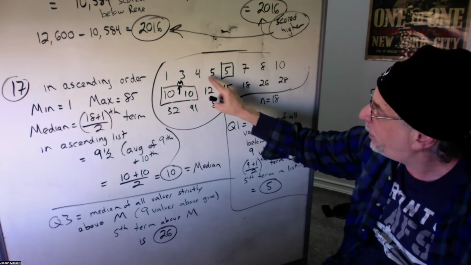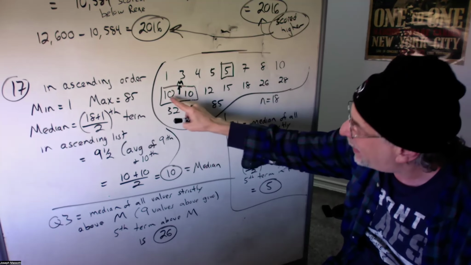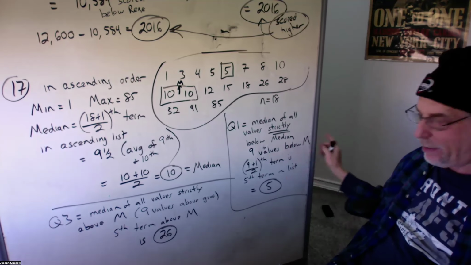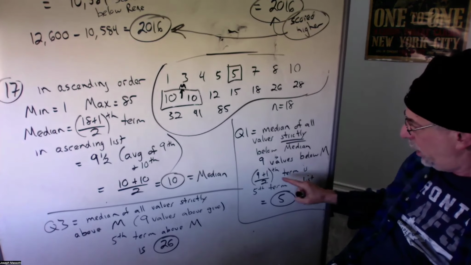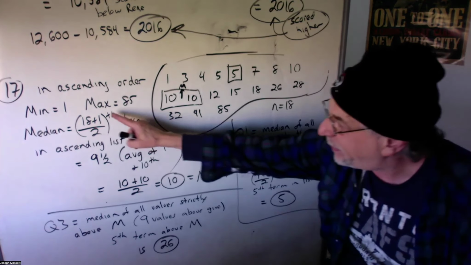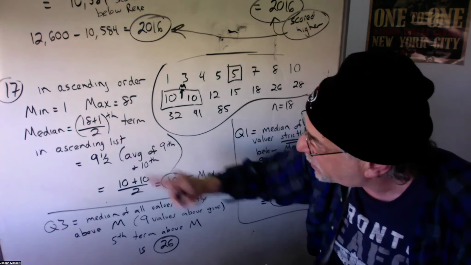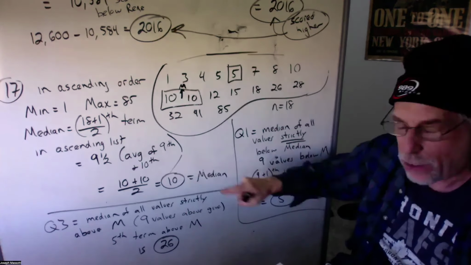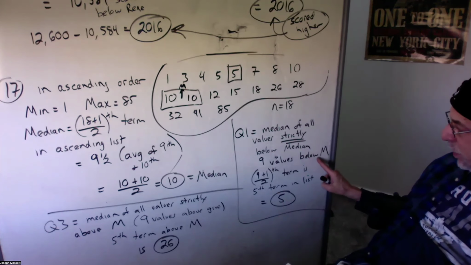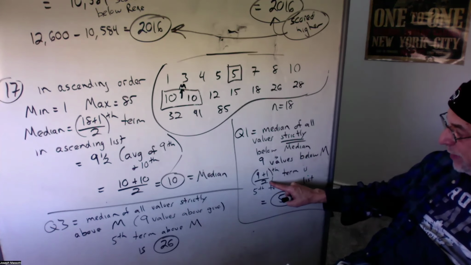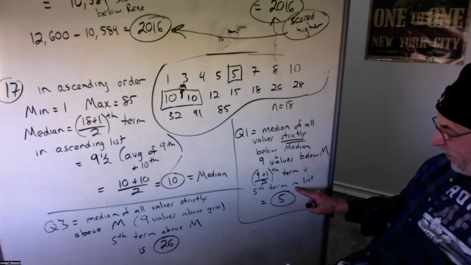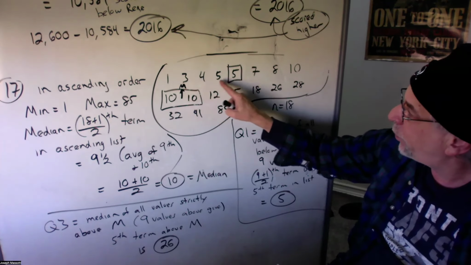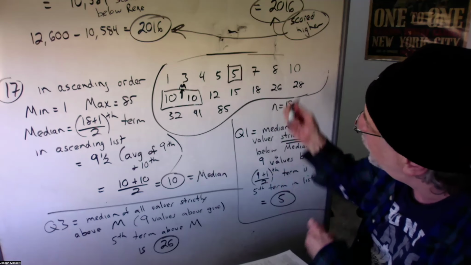So 1, 2, 3, 4, 5, 6, 7, 8, 9 values are below the median. Just like we found the median using this expression, we do the same thing, but now with only the values below what we just found. So there's 9 values below the median. 9 plus 1 over 2 is 10 over 2, or the 5th term in the list. 1, 2, 3, 4, 5. That's our first quartile.